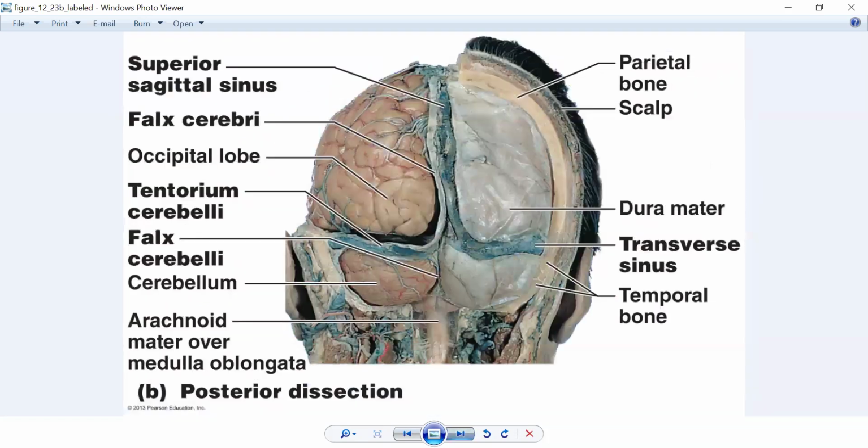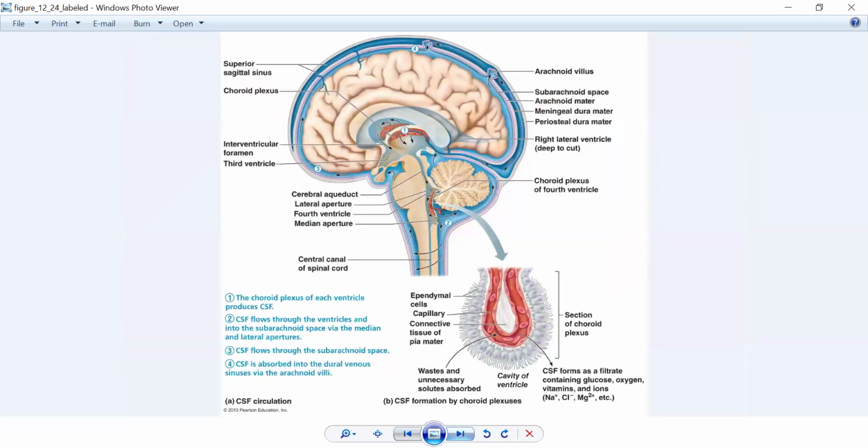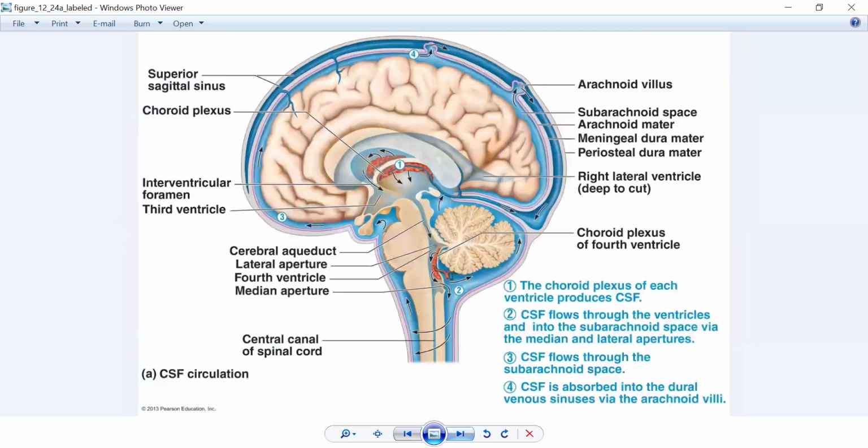Okay. So again, larger pictures here of the dura mater and the sinuses. Now, the function of the fluid, well, first of all, where's the fluid made? Within each of the ventricles in the brain, recollect there's three of them, you have some capillaries called a choroid plexus. This choroid plexus forms the cerebral spinal fluid and it circulates within the brain.